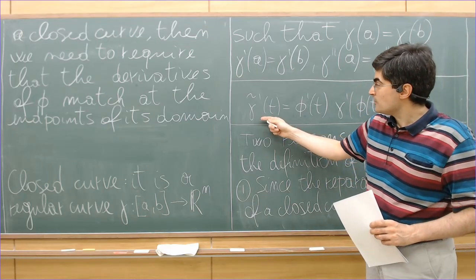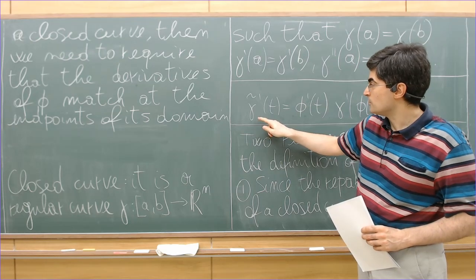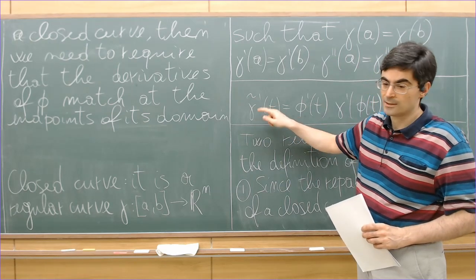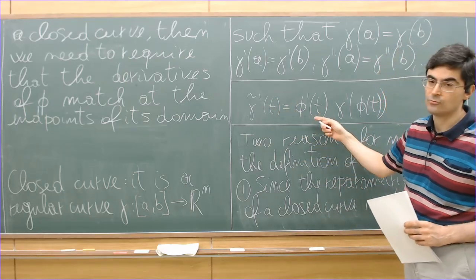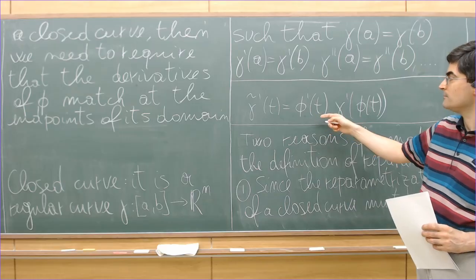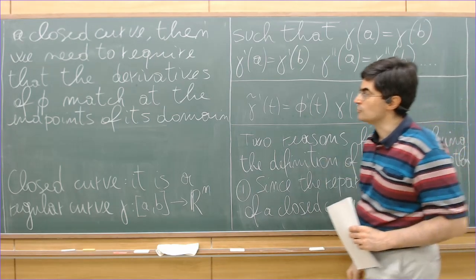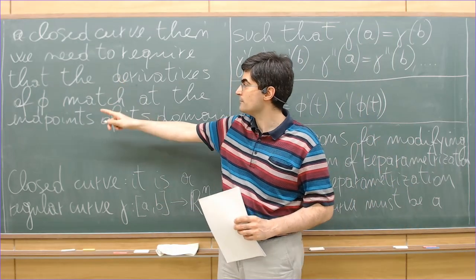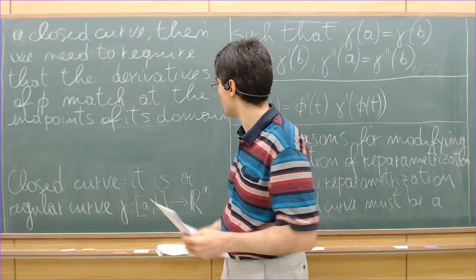So you can iterate this computation, and if you try to compute gamma tilde second, gamma tilde third, and so on, you will get, by the chain rule, a formula involving the higher order derivatives of phi. So this is why all the derivatives of phi must match at the endpoints of its domain of definition.